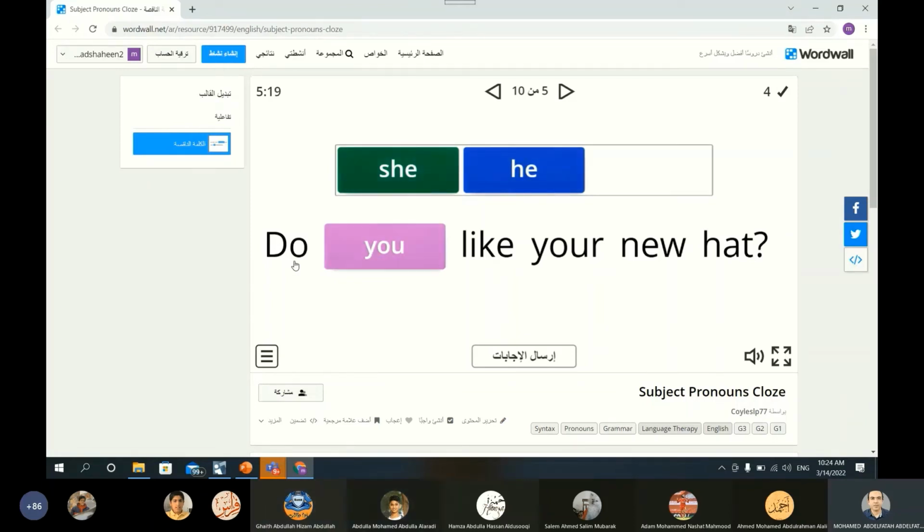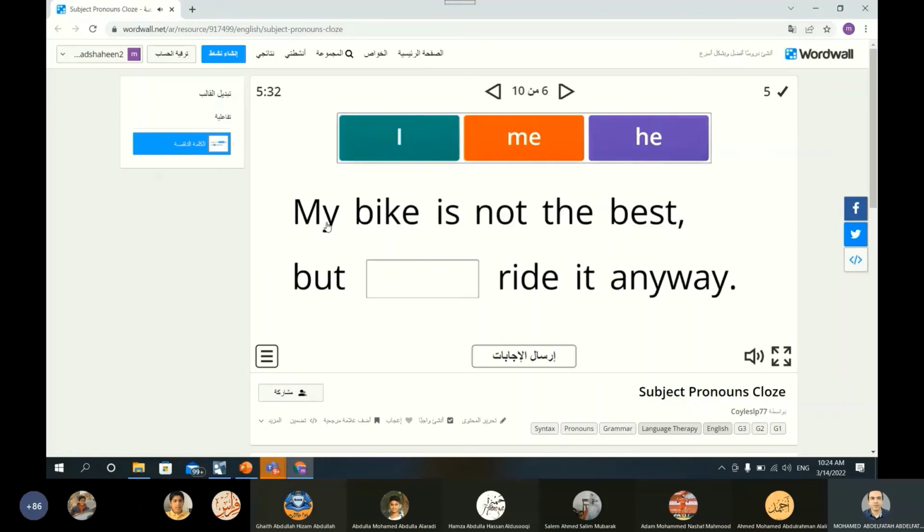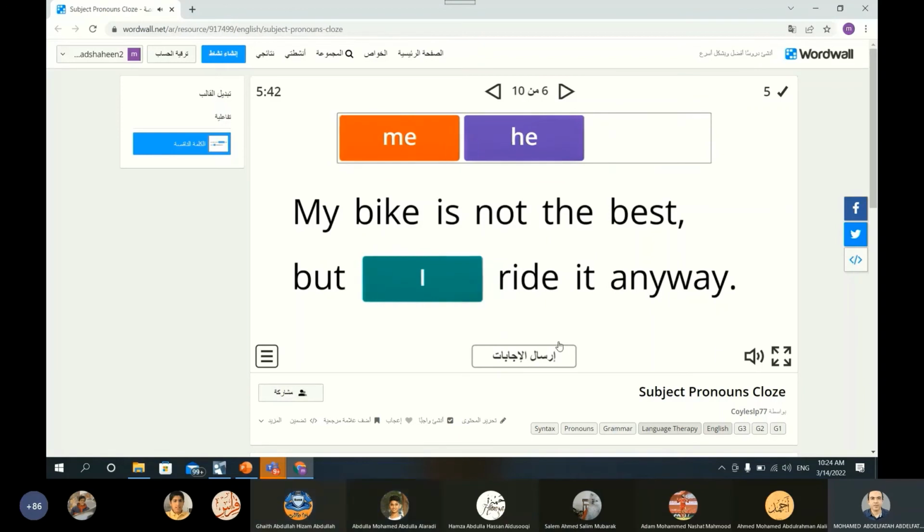Yes, we use does for he, she, or it. But for you, you have to use the auxiliary verb do. So let's go to number 6. My bike is not the best, but I ride it in a way.